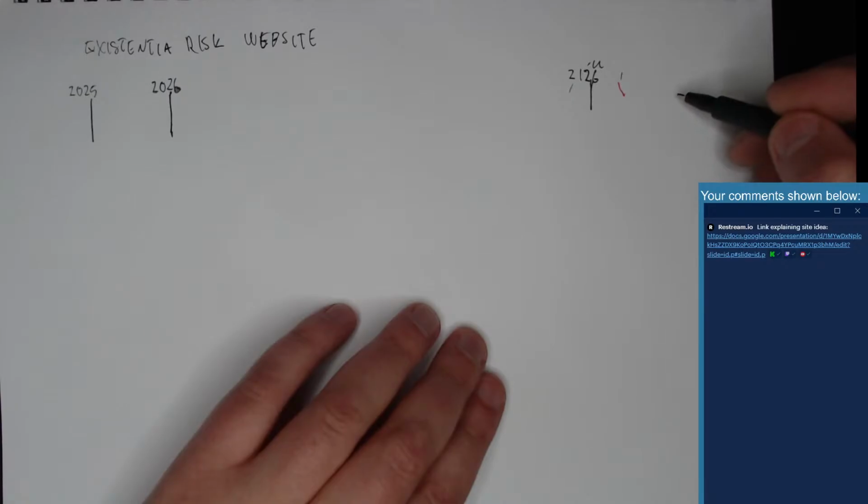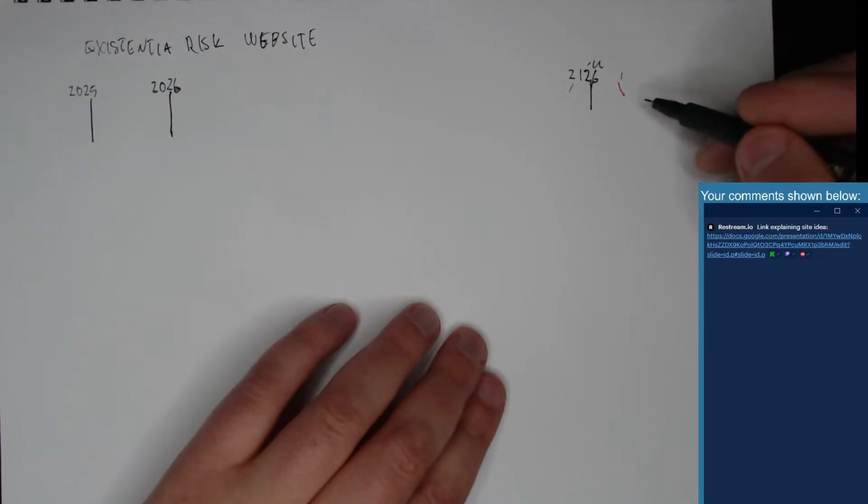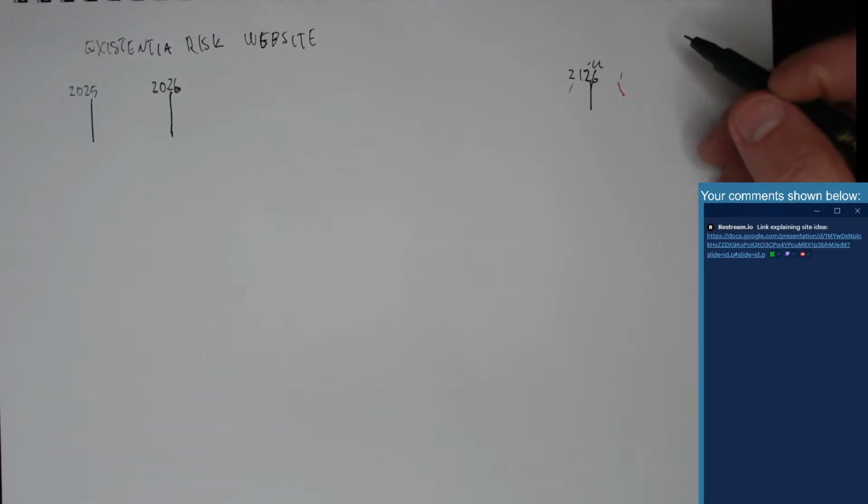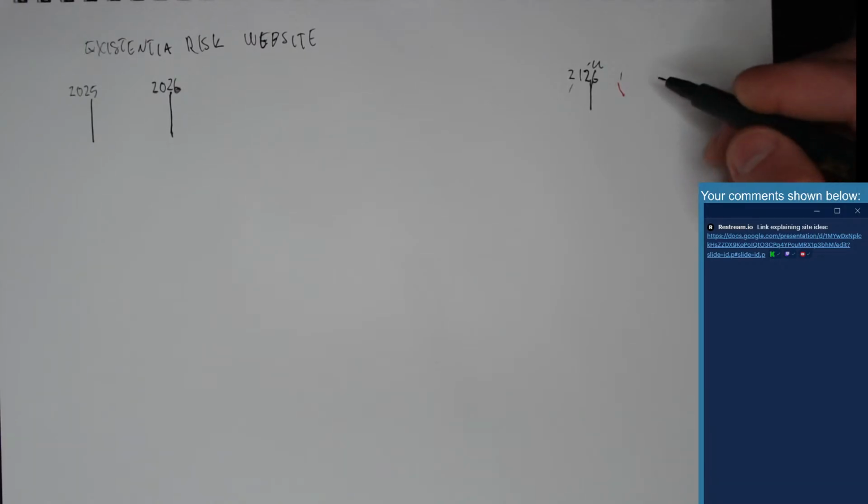and then there would be this option to have an increase, because one of the big ideas of the site is that you can have very long time scales.